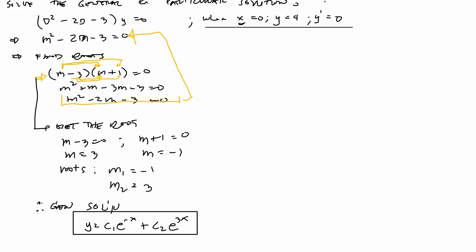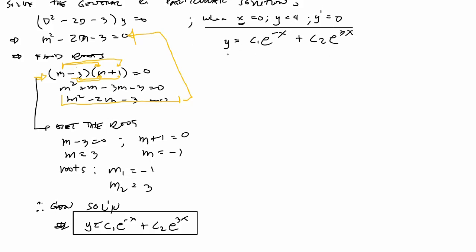Since we have a first derivative here, let's get the first derivative of our general solution. So y is equal to C1 e to the negative x plus C2 e to the 3x.